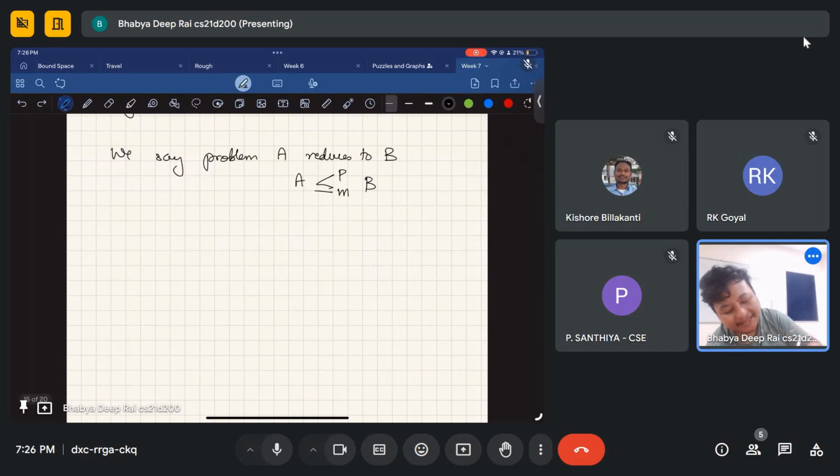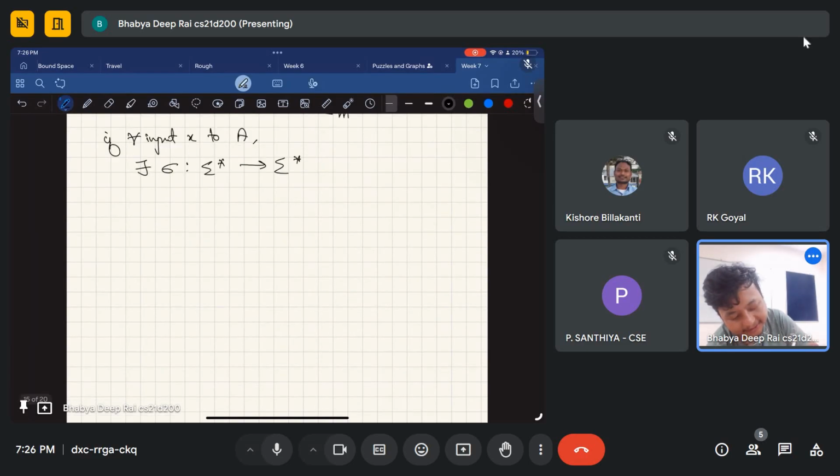A reduces to B if for every input x to A, there exists a sigma which takes in a string and outputs another string, such that x is in A if and only if sigma(x) is in B. What does that mean?